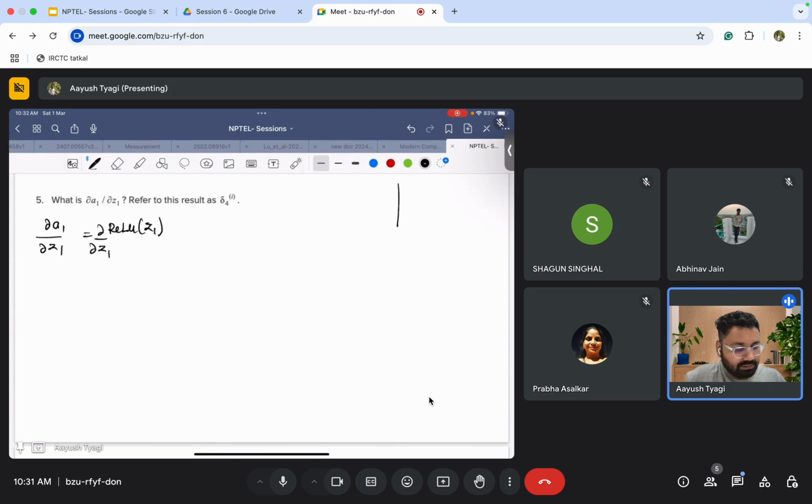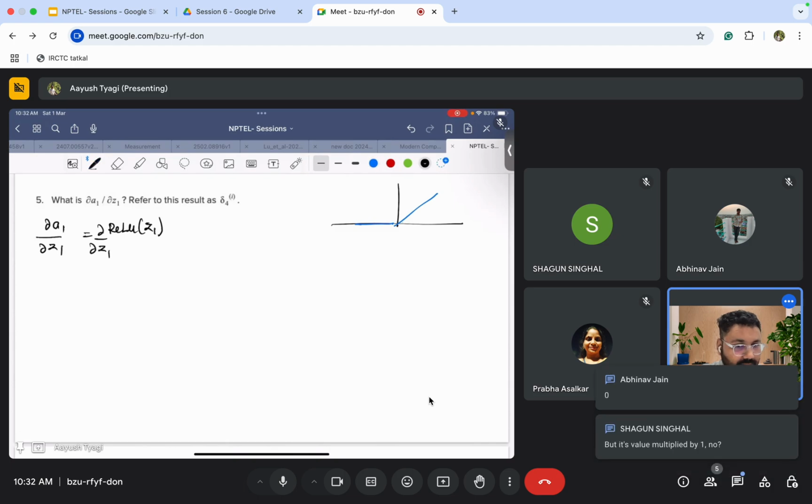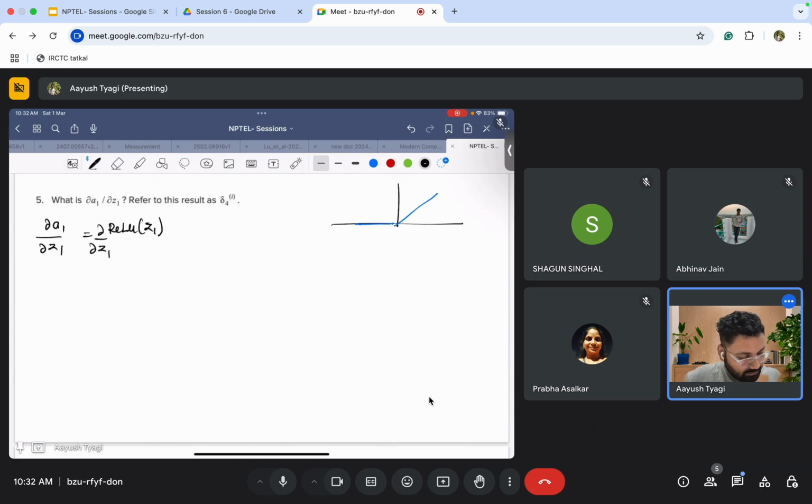The ReLU operation looks something like this, right? So for z greater than or equal to 0, the derivative is 1, and for z less than 0, it's 0.